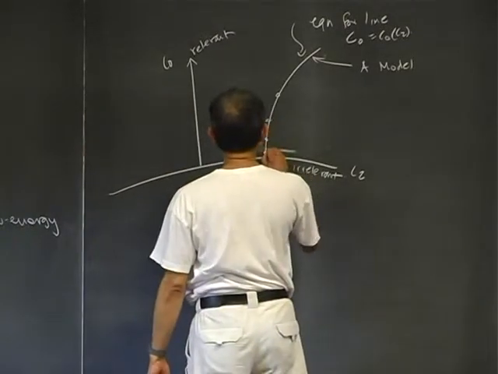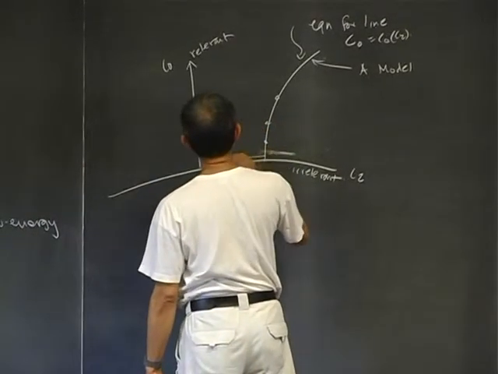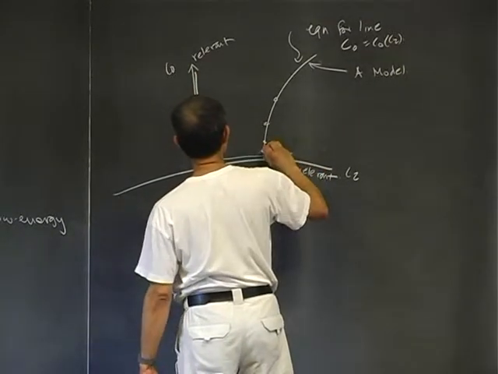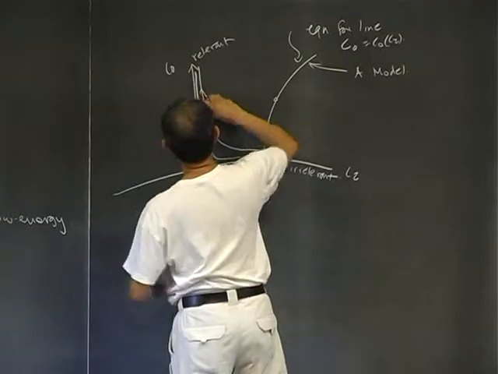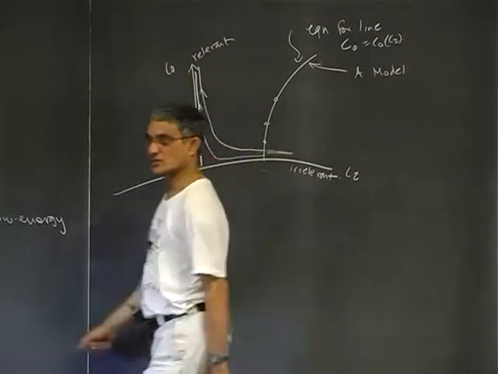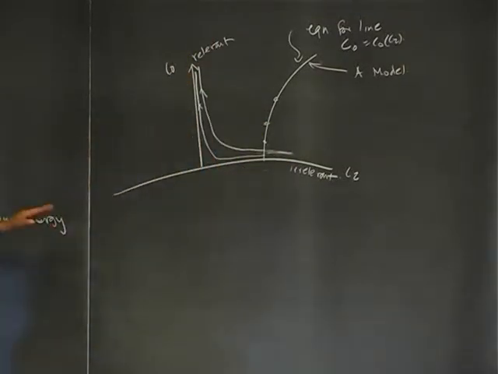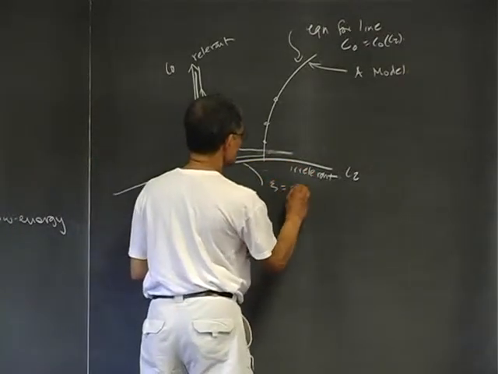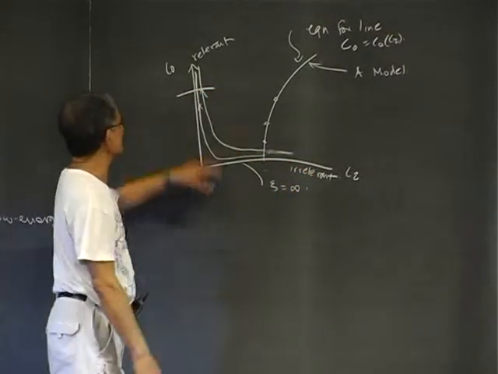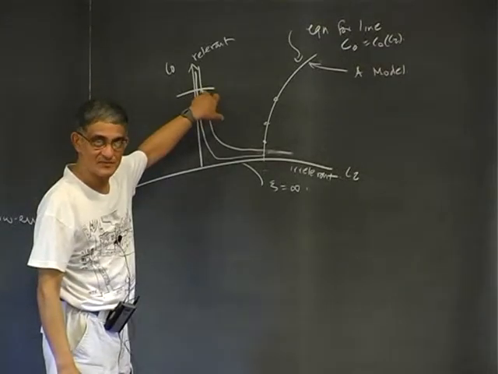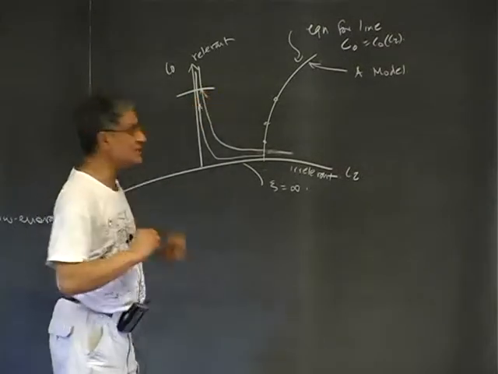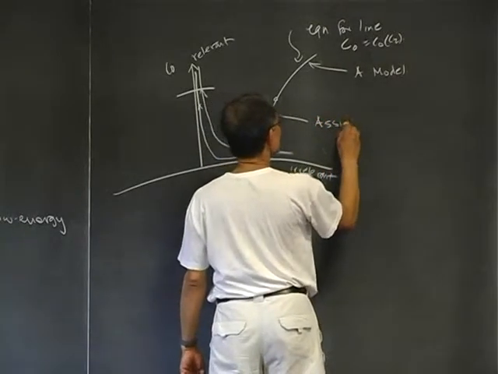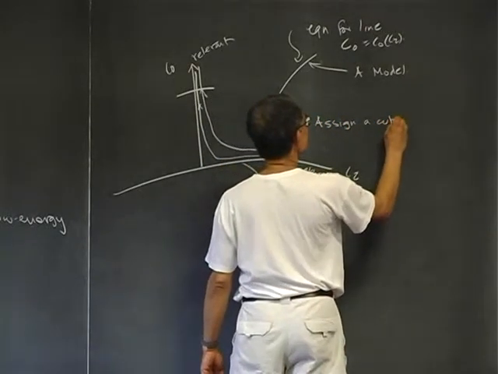And as you come closer and closer, the RG flows sort of creep along this for a long time and eventually all asymptote to this line. And since the correlation length on this entire line is infinite and the correlation length there is finite, it must mean that I must assign a cutoff to each point.